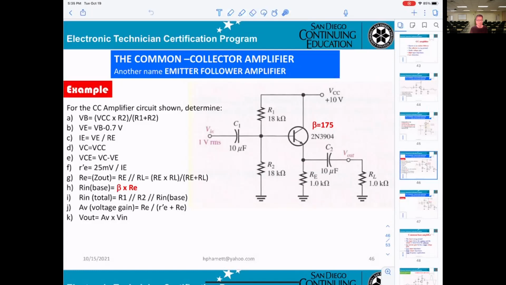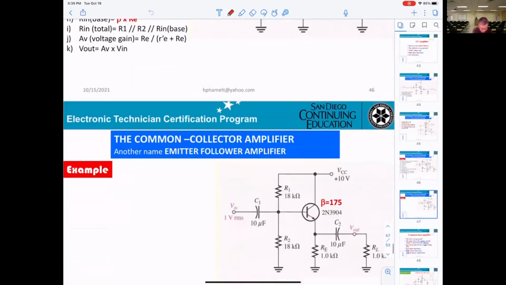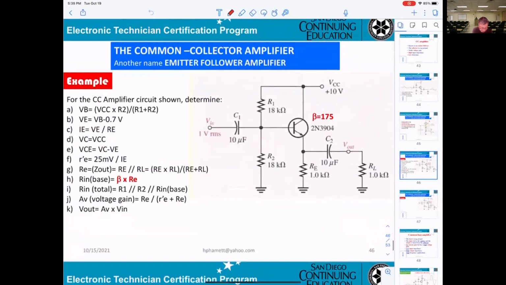Okay, what VB do you get? 5 volt. 5 volt, yes. Okay, let's see.